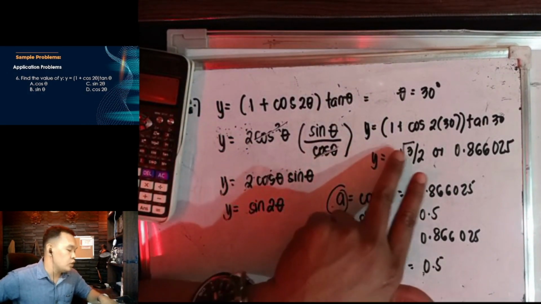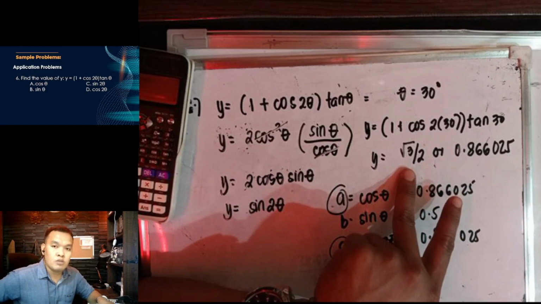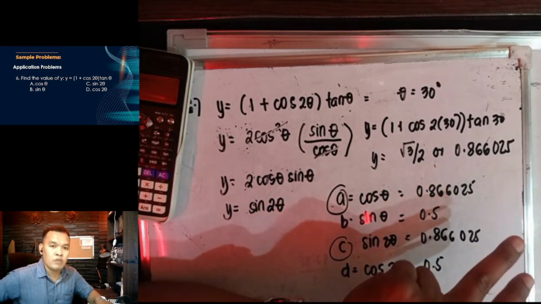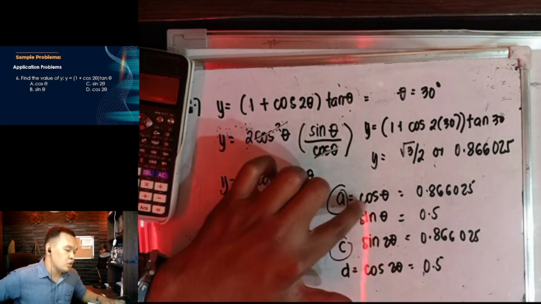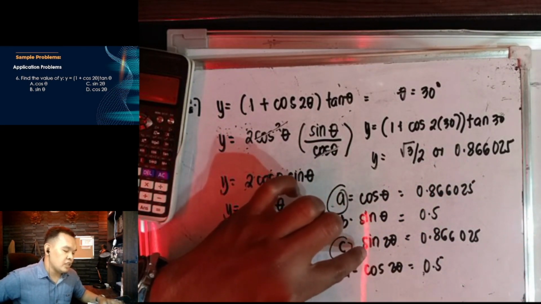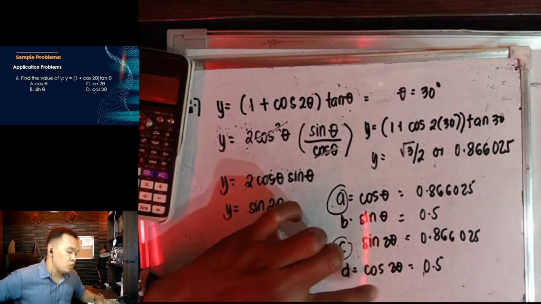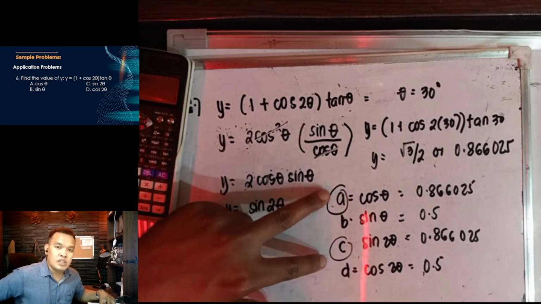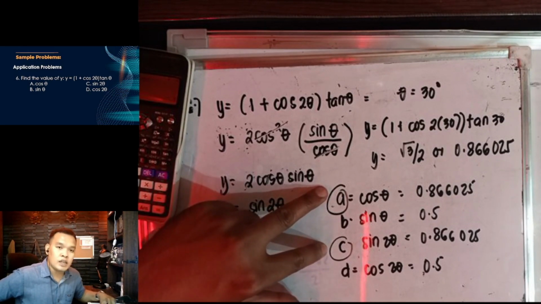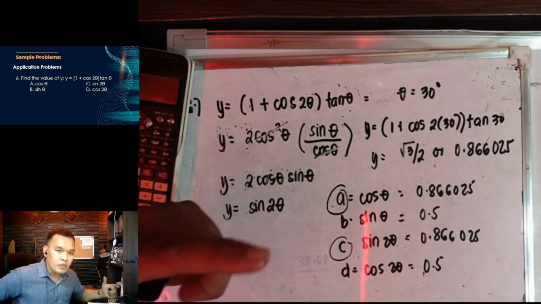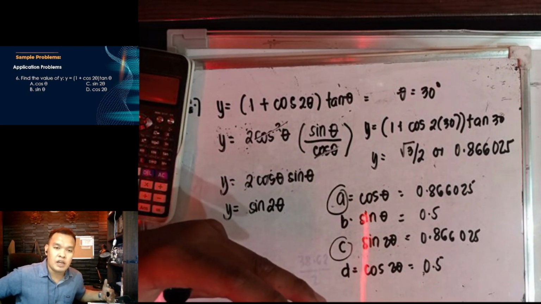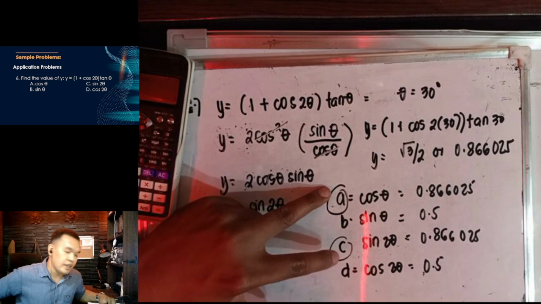So, lumabas dun sa equation mo, square root of 3 over 2, or 0.866025. Then sa choices, ilagay mo lang din cos 30, sin 30, sin 2 times 30, tapos cosine 2 times 30. But dito sa choices kasi may dalawang pareho ang sagot, no? Si cosine theta at si sin 2 theta. So at least nagkaroon ka ng 50-50 chance na makakapagtama ka, no? So, pili ka na lang dyan sa A or sa C.